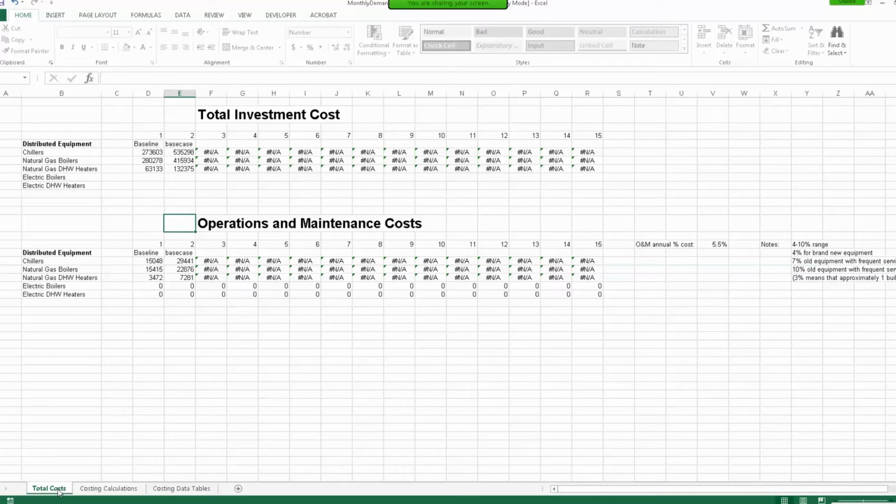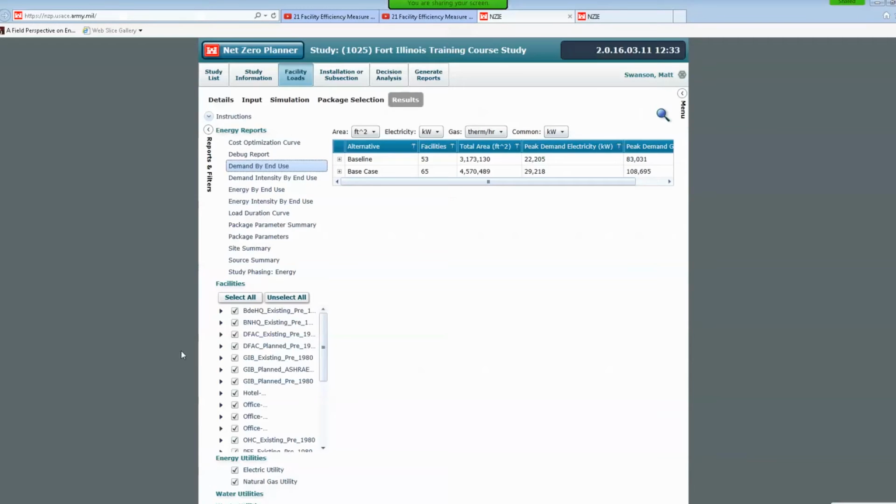So the total cost here in this final tab is going to give you the costs for each scenario going across. Here in our study we only have 2, but each one of these will fill out as data is available, and you'll get the cost for chillers, the cost for boilers, the cost for the natural gas domestic hot water heaters, and you can use those numbers and input them directly into the tool.